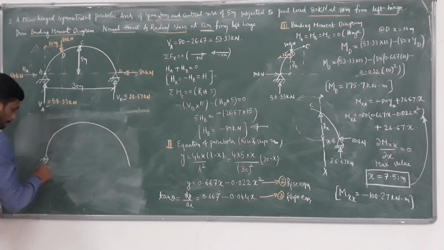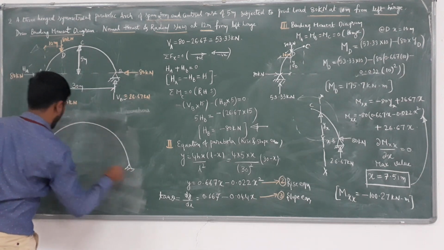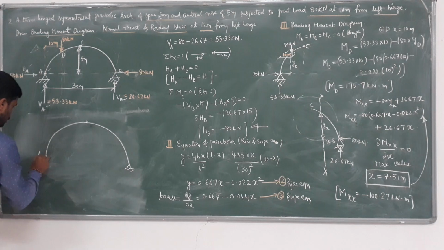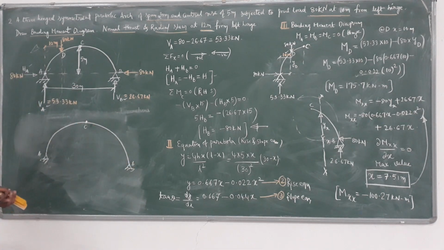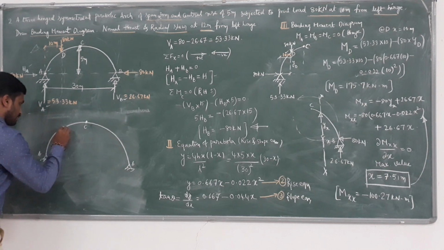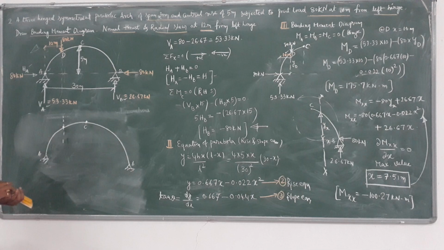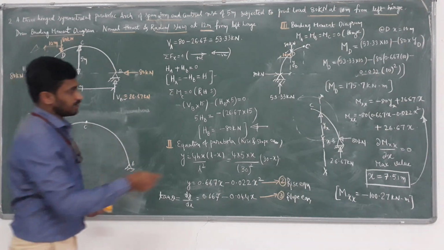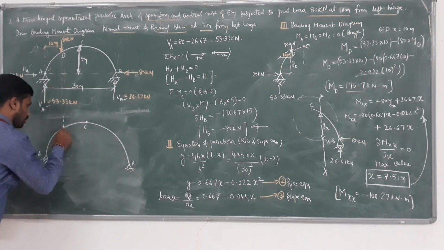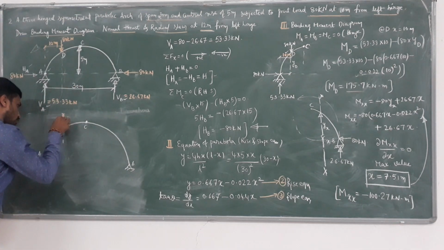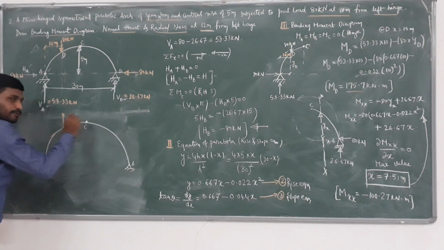This is A, this is B and C. Moment at A, moment at B and moment at C are 0. Here we are having 80 kilonewton. So what is the moment at 80 kilonewton? 175.7 positive. If you are having positive value, plot above the segment.